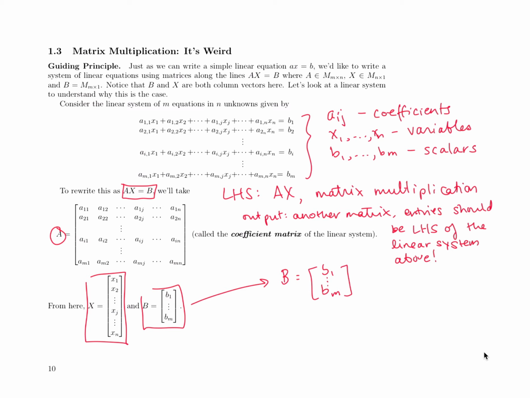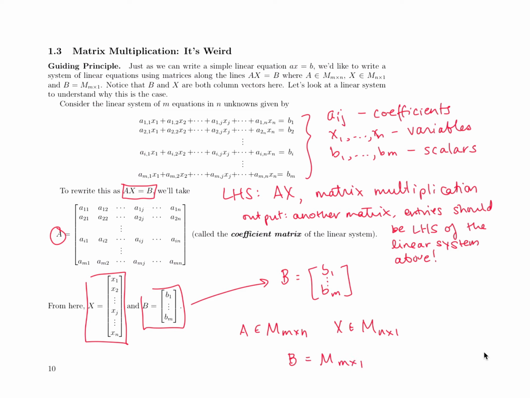And so what we're saying is that we have an m by n matrix A. We have X, which is an n by 1 matrix. And when we multiply those, we should be able to get the matrix B, which is an m by 1 matrix.